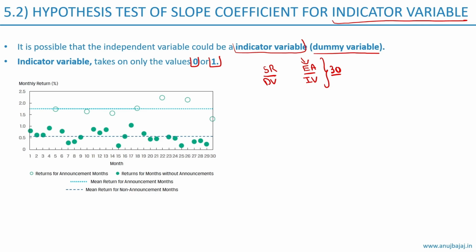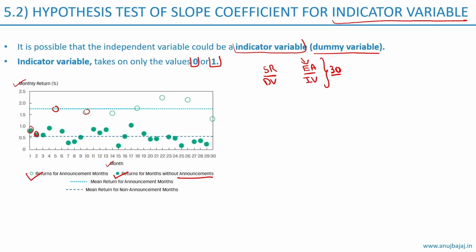And this is the scatter plot of the monthly returns against the time. These data points, that is the data points in dark green shade, represent the stock return for the months when there were no earnings announcements. And these light shaded data points indicate returns for the months when earnings announcements were made.